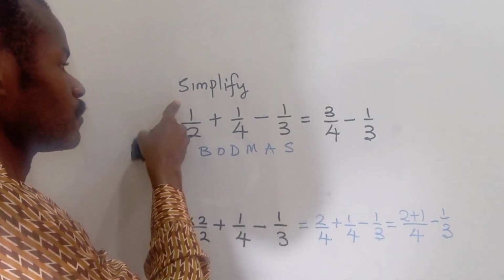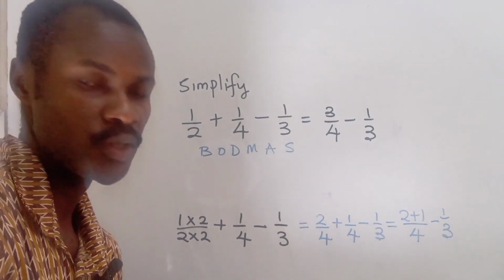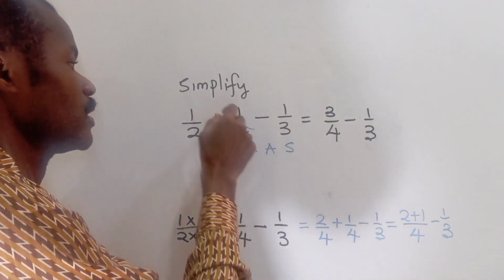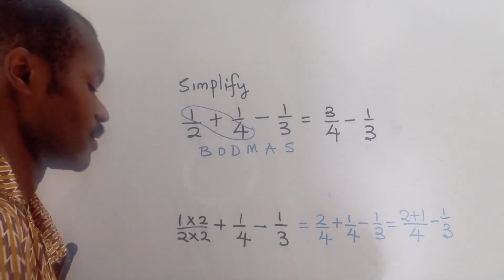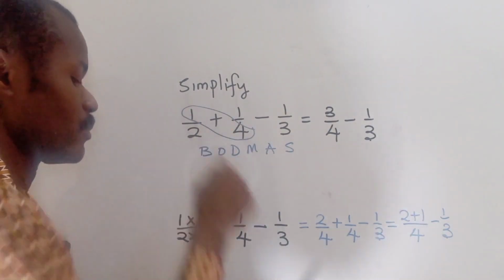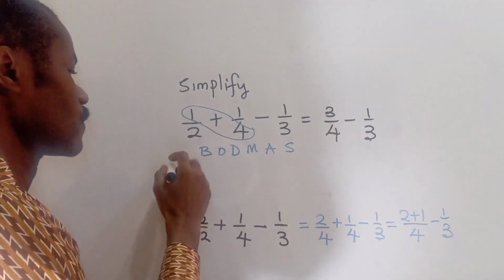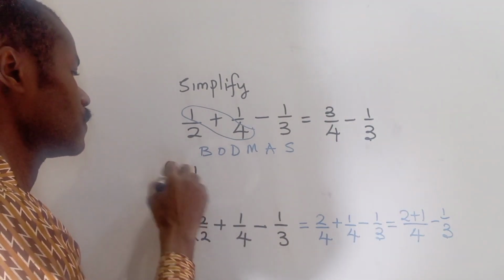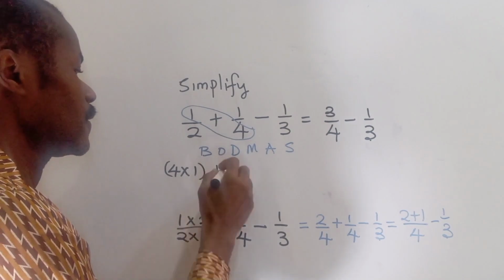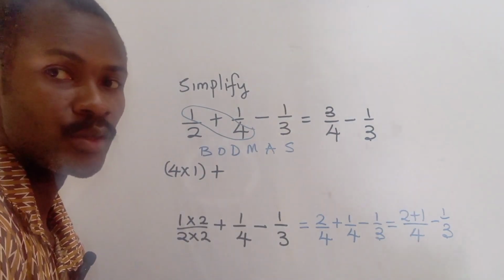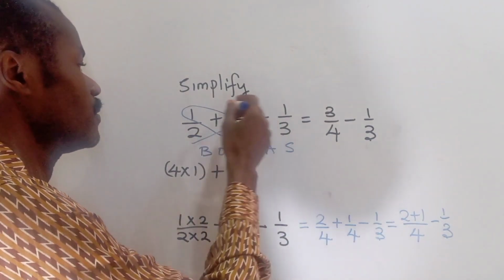Now the last method we are going to use is the cross multiplication method. For the cross multiplication method, what you want to do is go like this first. That will be 4 times 1. So we have 4 times 1, plus. Next, you want to go this way.